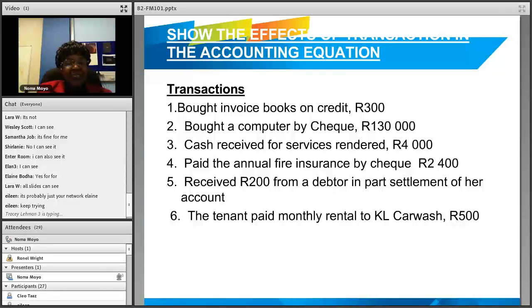The last one, tenant paid monthly rental to KL Car Wash. We know this time it is the tenant paying us. It is not us that are paying out. So this is income. And we know that income will increase our equity. And it will also increase the money at the bank.